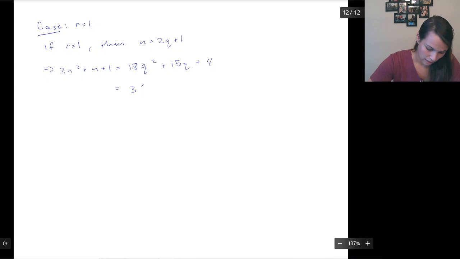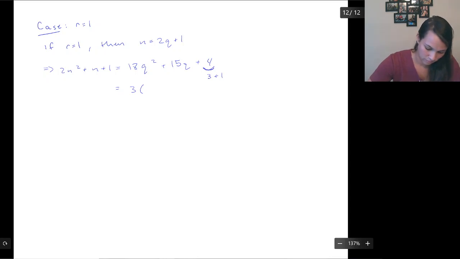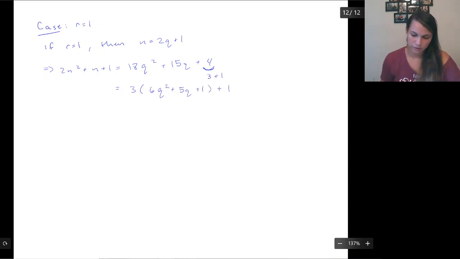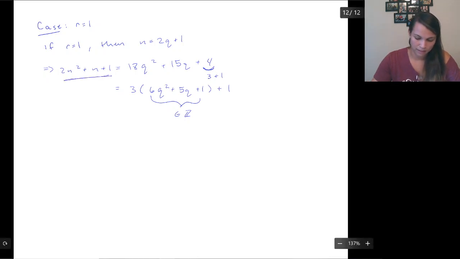And then I can factor a 3. It may be advantageous to think of this 4 as a 3 plus 1, because then it's going to factor like this. There we go. Okay. This is again an integer. That means if we were to divide this number by 3, we would still get a remainder of 1.